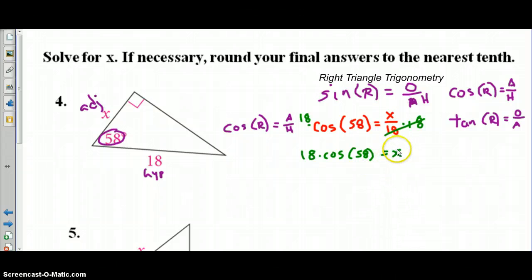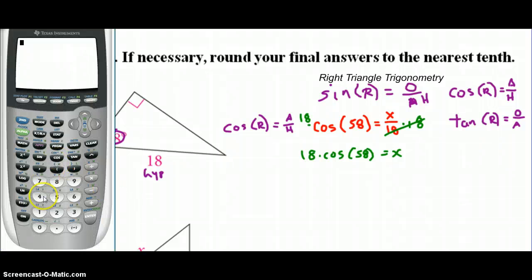Now that x is by itself, we can use a calculator to calculate this value. If we do that, we're just going to type in our equation, 18 times the cosine of 58 degrees, closing the parentheses, and pressing enter.